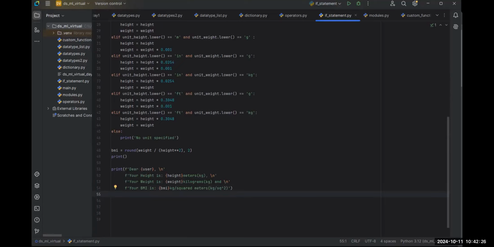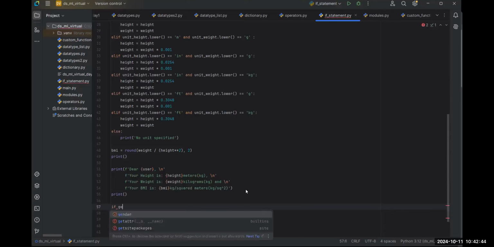Let's print an empty space first here. Now for gender, that is where we're starting from. Remember, we specified gender up there. If gender dot lower, so no matter how they put it, whether they put it in uppercase or lowercase, it will return everything lowercase for us.